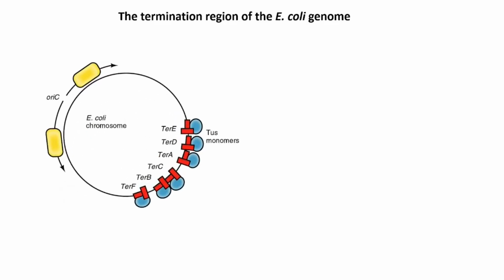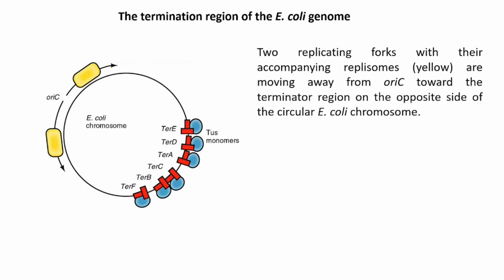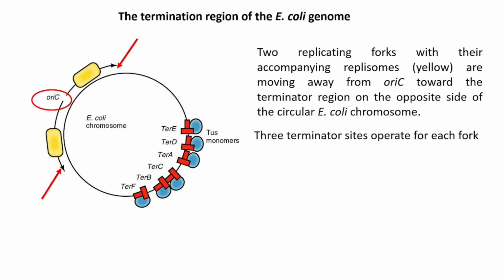Let us discuss the termination region of the E. coli genome. Two replicating forks with their accompanying replisomes are moving away from the oriC towards the terminator region on the opposite side of the circular E. coli genome. 3 termination sites operate for each fork.